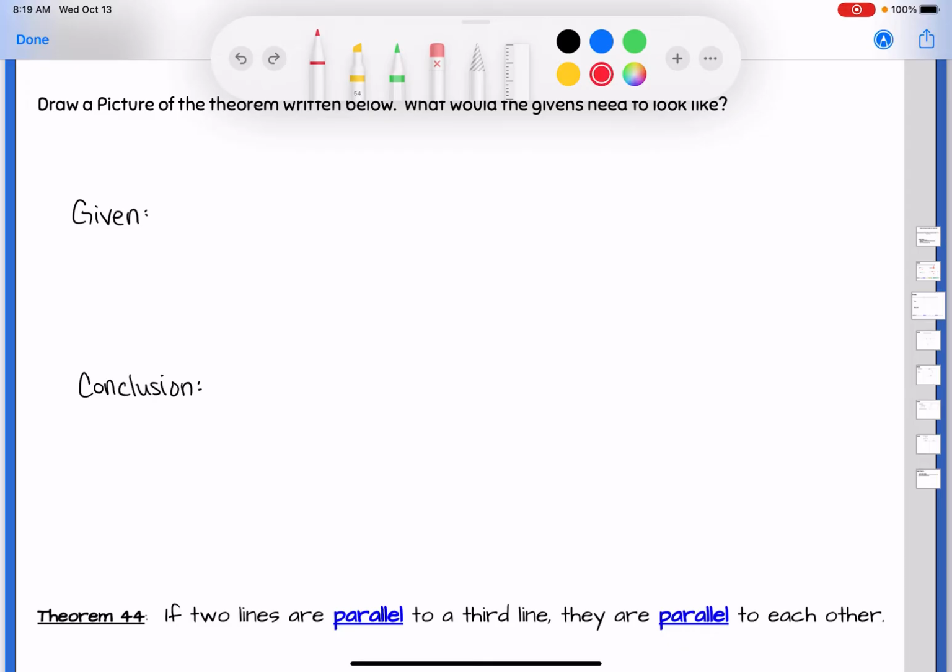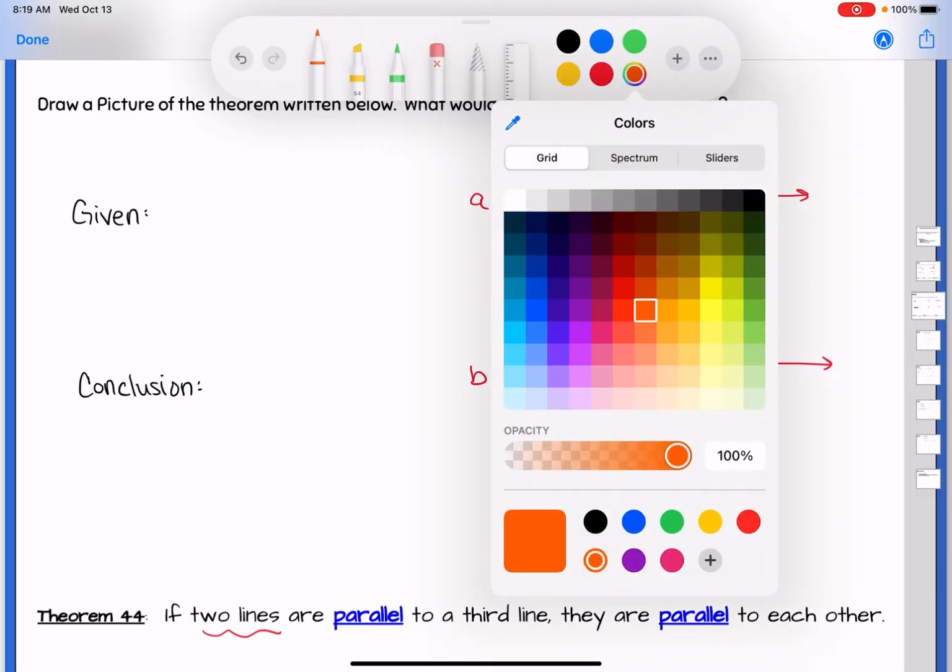If two lines are parallel to a third line, I have two lines here: here's line A, and here's line B. Each one of these is parallel to a third line, so I need a third line.